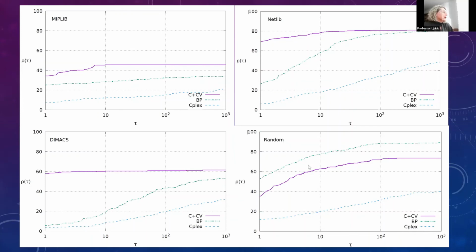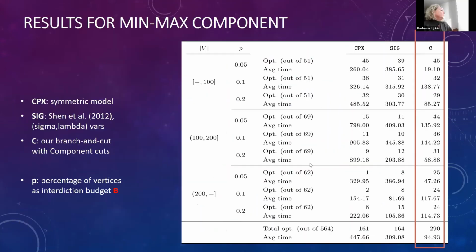Okay, so what about the min-max component problem? In the min-max component problem, we don't have these degree constraints. We work only with the component cuts. Here again, we are comparing two compact models: the symmetric one with psi variables, and the one with lambda variables, where we derived Bender's cuts, proposed in 2012, and our model with component cuts.